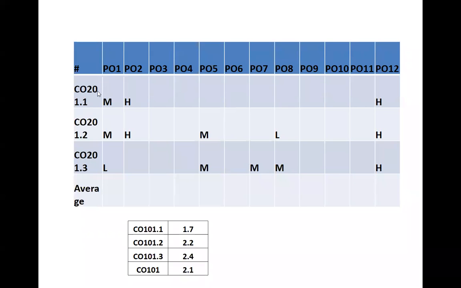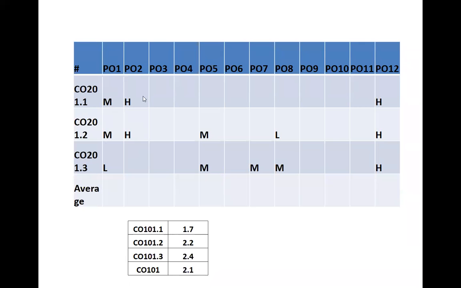Another example for a course outcome in the second year, CO 201.1, medium, high, high. These are the mappings with respect to the corresponding program outcomes. So suppose these are the values which you obtained by calculating the course outcome attainment.